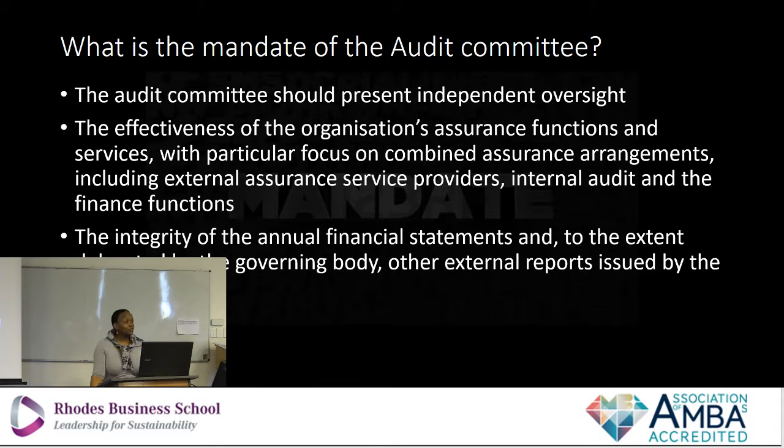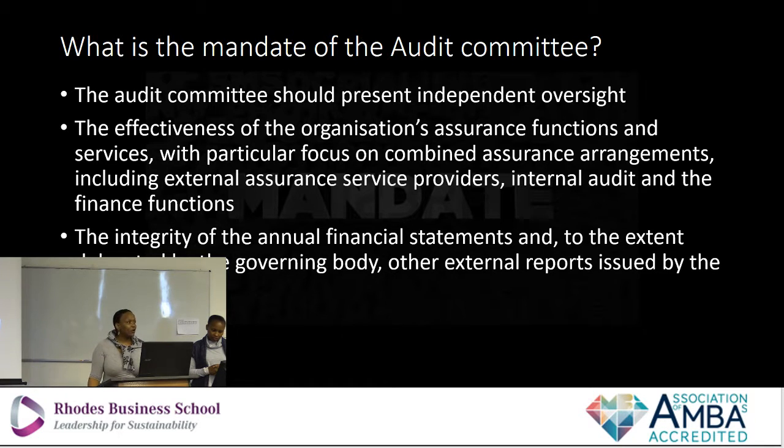The audit committee should present an independent oversight of the effectiveness of the organization's assurance functions and services, with particular focus on combined assurance arrangements, including external assurance service providers, internal audit, and finance functions.